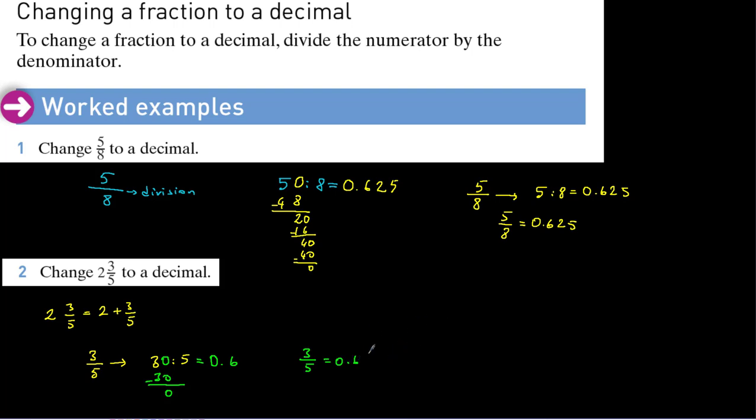But the question is not 3 over 5, it's 2 and 3 over 5. I said it's like 2 plus 3 over 5, which is equal to 2 plus 0.6, which is equal to 2.6. This is the result of our operation.